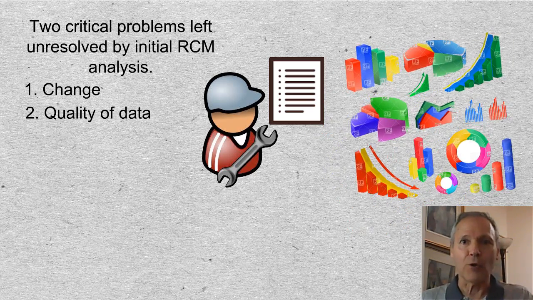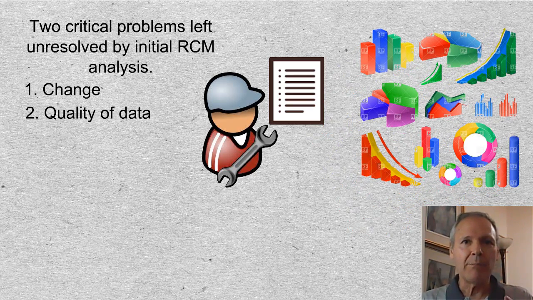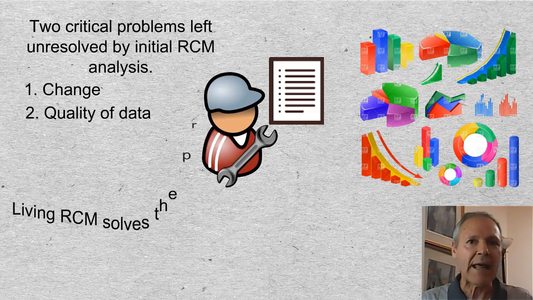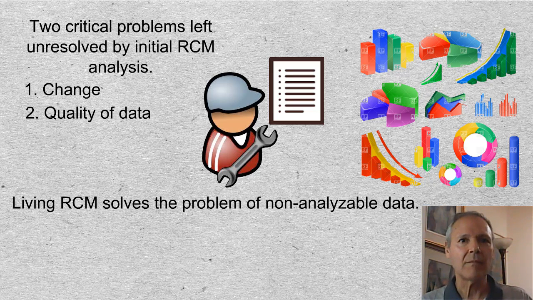Sure, he's got colorful graphs and great software, but the underlying data itself is inconsistent, inaccurate, incomplete, and therefore unsuitable for reliability analysis. Living RCM solves the problem of unanalyzable data.